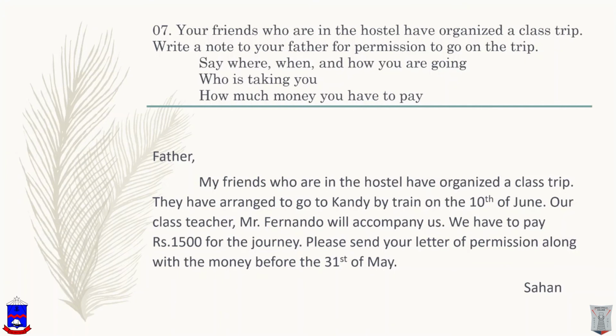And then finally you can say, please send your letter of permission along with the money before the 31st of May. So finally, when you ask your father for a letter of permission, it indirectly asks him for permission. So you can give a sentence like this when you have to write a note asking for permission, right? And then it is ended with the sender's name, Sahan.